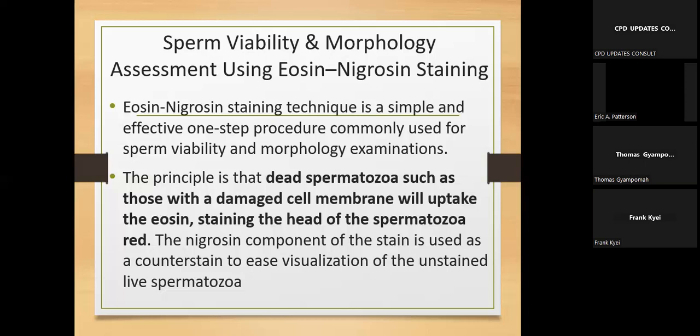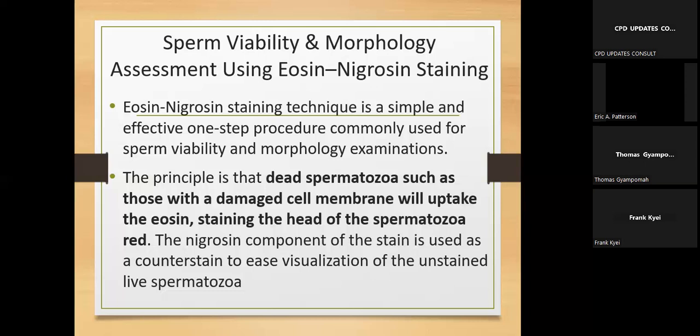So you can use the negative staining, nigrosin, which serves as a negative stain, to help you visualize the sperm very well, so that you can describe the shape, the appearance, the neck, and everything of it.